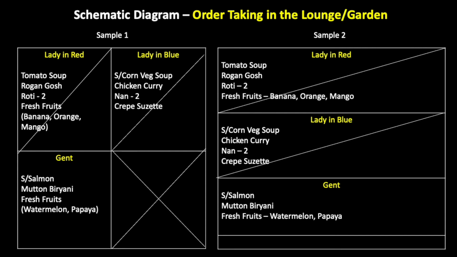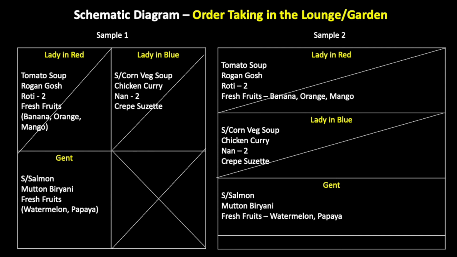If you look at sample 1, the lady in red, the lady in blue, both have the lines running across. But the gent does not have that line. This differentiates between ladies and gents. The same in sample number 2. The lady in red and lady in blue have a line running right across, whereas the gent does not.